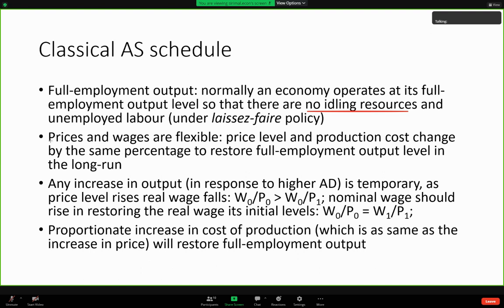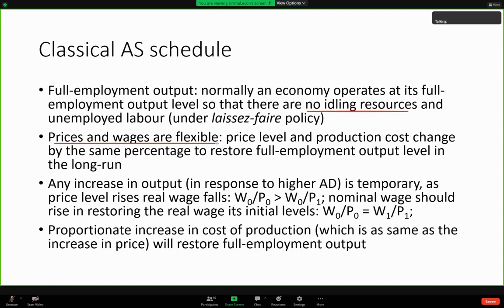In that sense, prices and wages are flexible. When there is a change in the price level or cost of production, we know now, according to the Keynesian view, real wage level goes down. So that is an incentive for the producers to produce more.